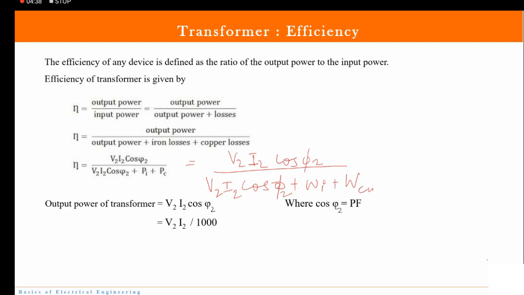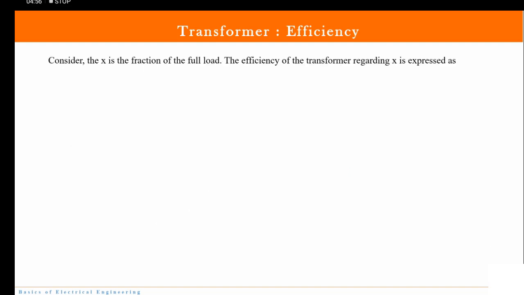So it becomes V2I2 upon 1000. So what is going to be my total output power? Now V2I2 upon 1000 represents kVA. Correct? And it will be multiplied by power factor. Fine? kVA is the standard unit to represent output power.